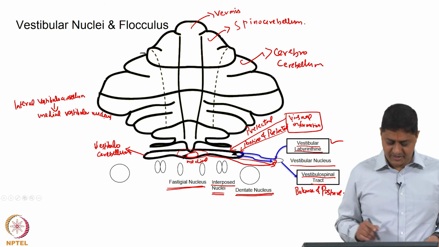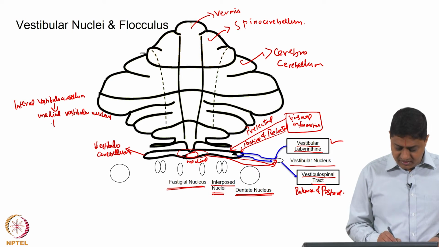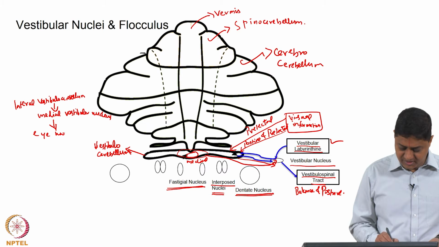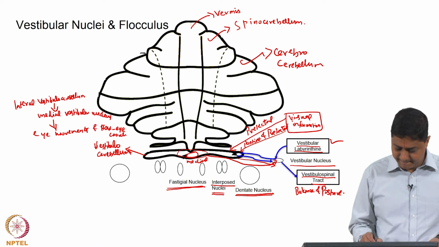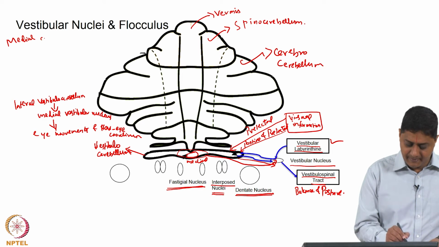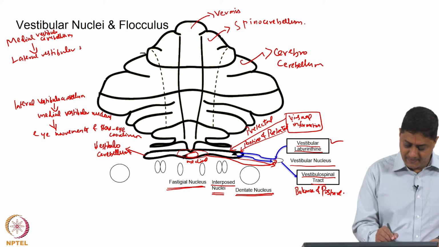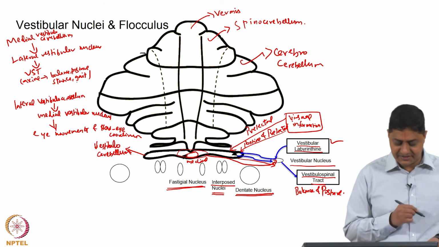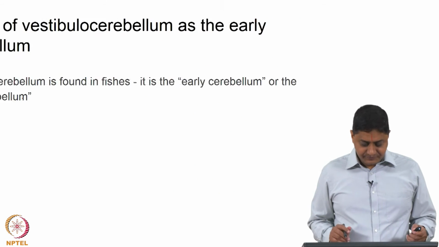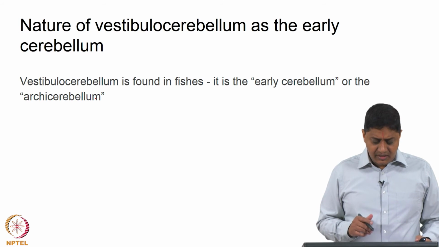The vestibular nucleus is a nucleus located outside the cerebellum that is responsible for vestibular function, and this is responsible for eye movements and head eye coordination, whereas the medial vestibular cerebellum projects to the lateral vestibular nucleus and the vestibulospinal tract to control axial musculature, balance, posture, stance, gait, etc. We have also seen what happens due to lesion.